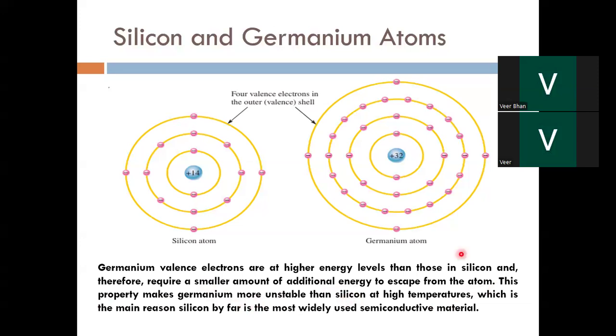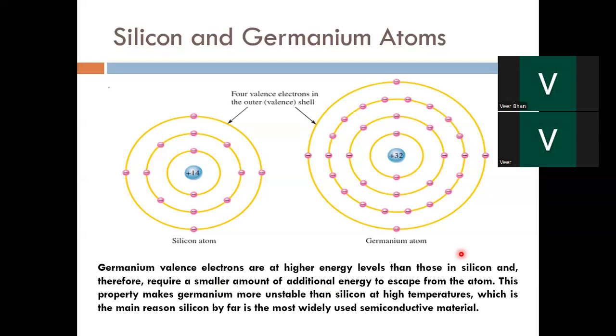Why? Because at higher temperatures, there are many chances of thermal instability. It means that the electrons can leave their atoms at slightly higher temperatures. And we know in the majority of electronic devices, such as our mobile phone or other devices, there is a temperature rise.